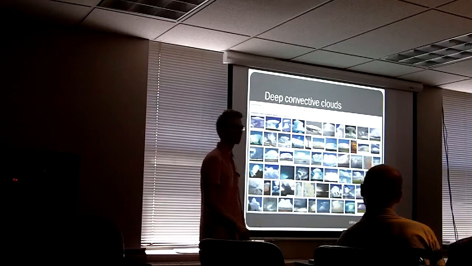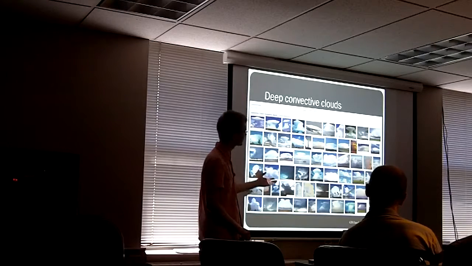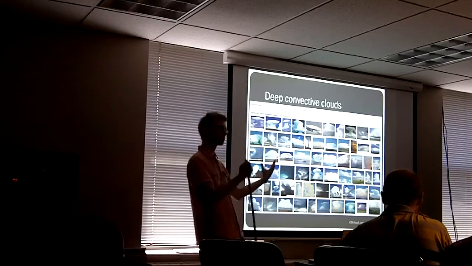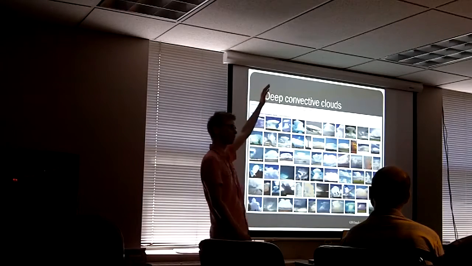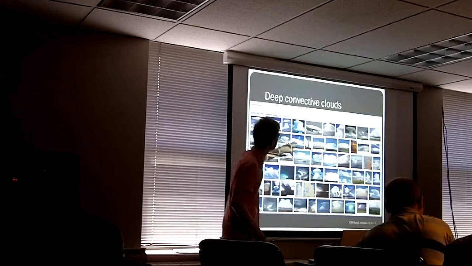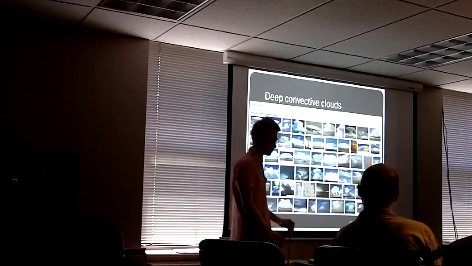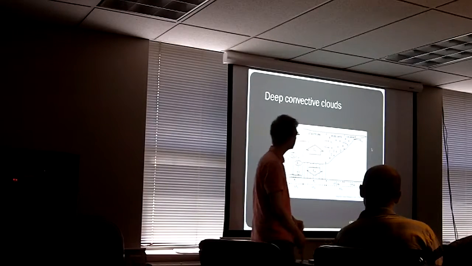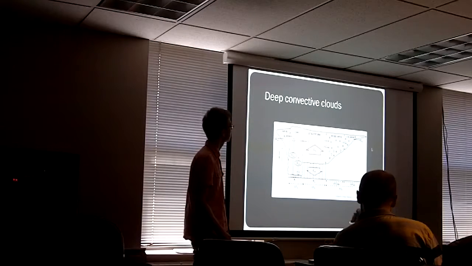So there's the first Google search, and yeah, it's all these spectacular, very big clouds that rise from the surface all the way up to the tropopause and develop these anvils. This is a very spectacular one of Africa. This is a classical view of these deep convective anvil clouds.